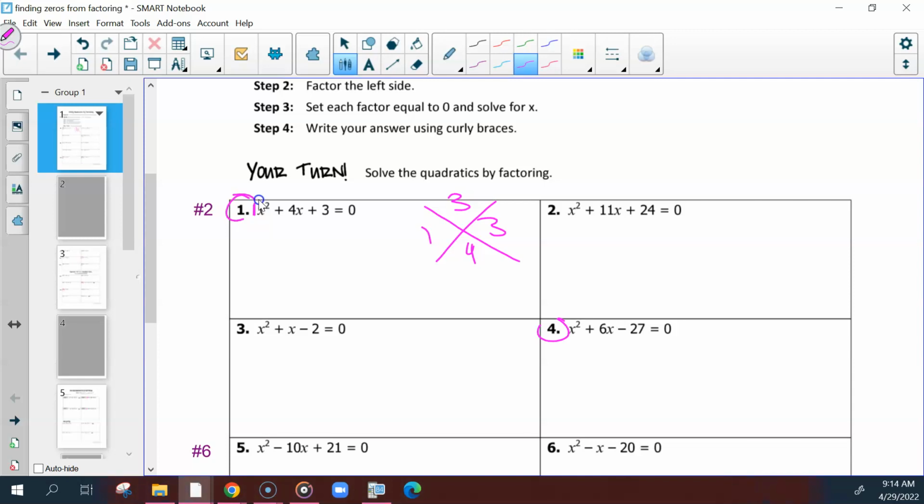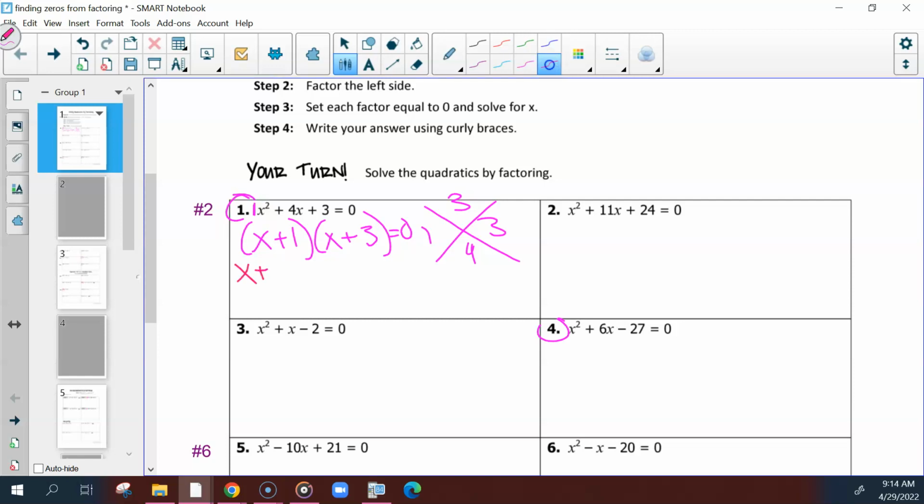With trinomials where A is 1, you can go directly into your factors. So x plus 1, x plus 3. And make sure to set this equal to 0. Once we have those factors, you can set each factor equal to 0 individually, and you can drop the parentheses.